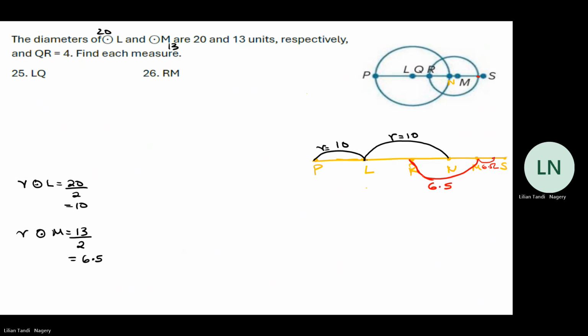Now, what do we want? We want LQ. So this should not be L, this should be Q. So we want LQ. How am I going to get LQ?